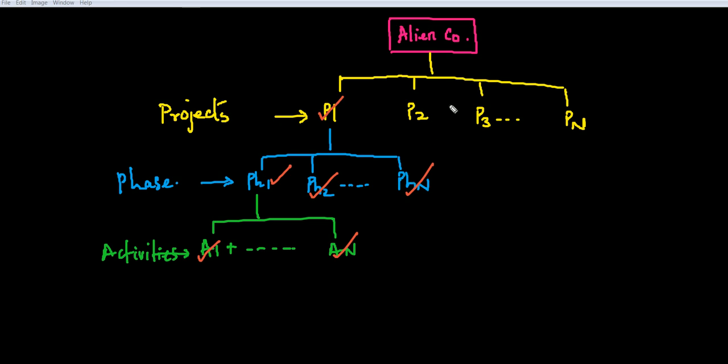So what is this called in Primavera P6? This is called EBS, Enterprise Breakdown Structure. And what is the thing below called? Work Breakdown Structure.